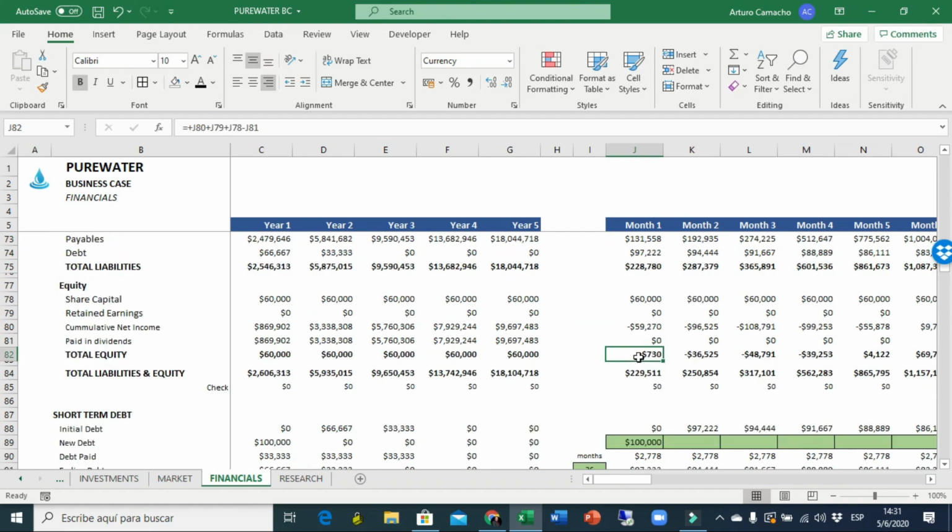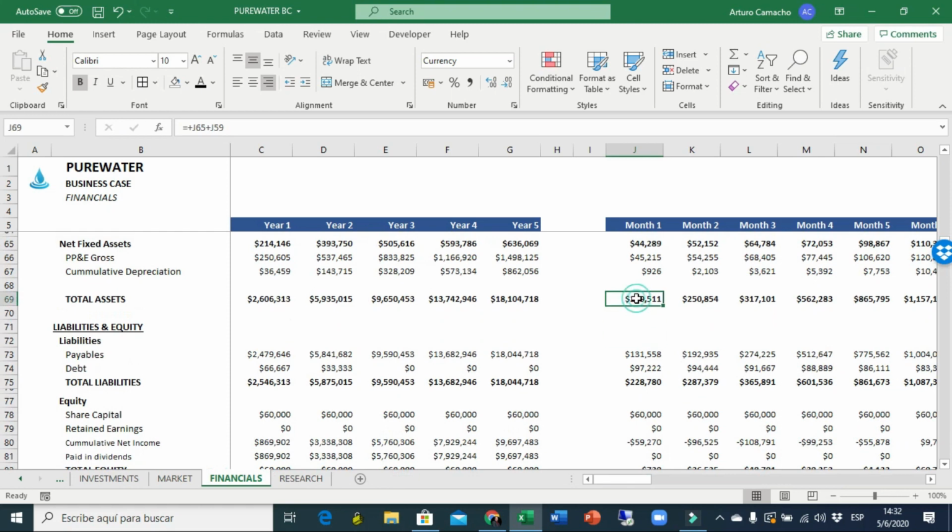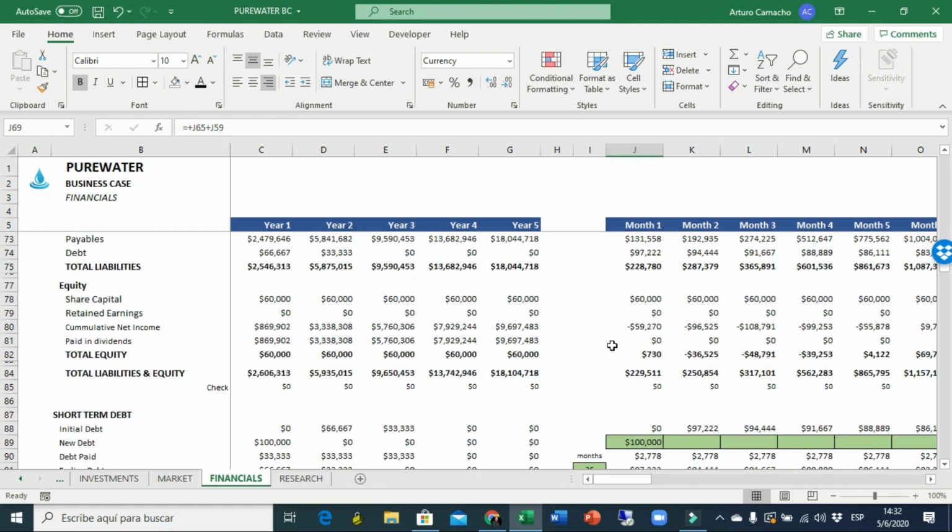Okay, the total equity is then everything here: the share capital plus the retained earnings plus the cumulative net income, and then you subtract the dividends that you have paid, and then you add up the liabilities and the equity, and that must be exactly the same as the assets. If not, the thing is not balanced. It is an unbalanced sheet.